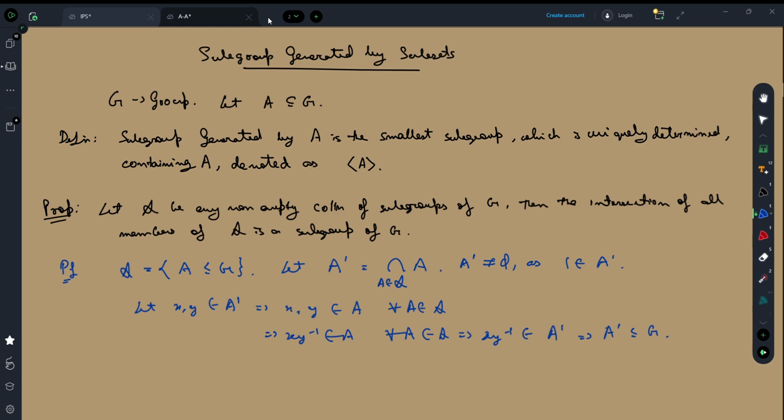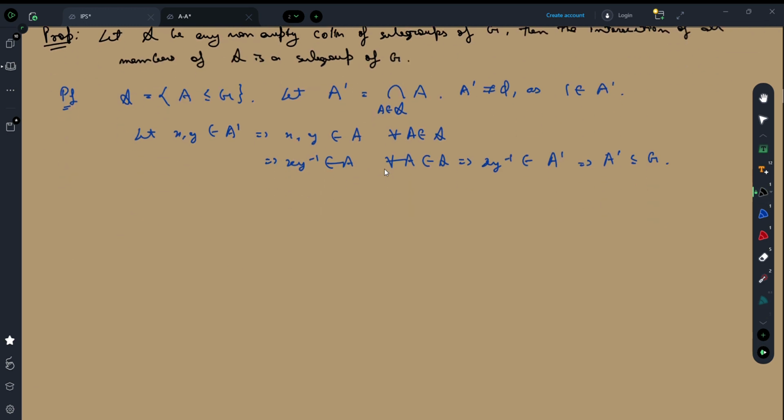But using this, we can indeed resort to the fact that this is a subgroup, because we can define it to be an intersection. Reason being, we are concerned about the smallest subgroup which contains A. So if we take hold of all those subgroups which contain A and take their intersection, then we are done, right? So a definition will do, because this is not something whose proof is required.